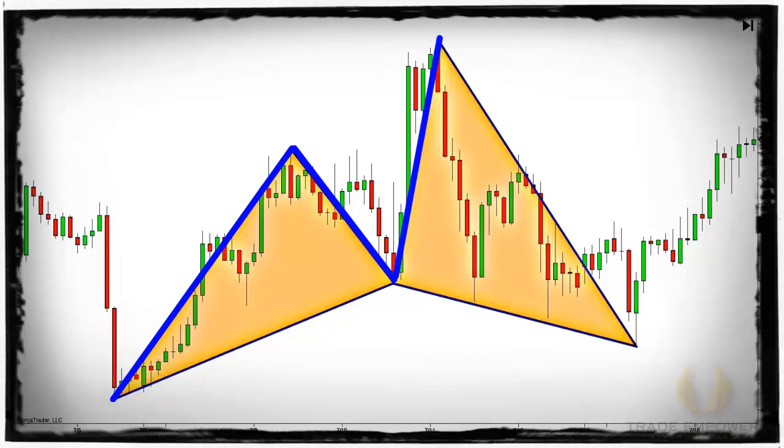Now this leg is invalid if either price action does not touch the 127 Fibonacci extension from X to A, or if the candle closes beyond the 1414 Fibonacci extension of X to A. Just like in the B move, the candlestick wick can touch the 1414, it can break the 1414. However, if price action closes above that 1414, then it's an invalid move.